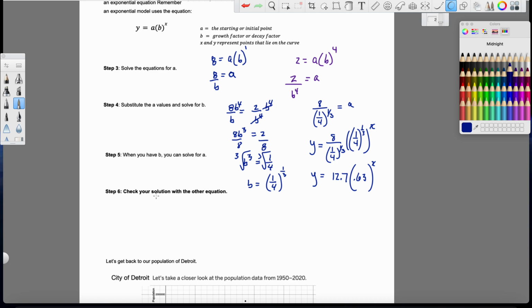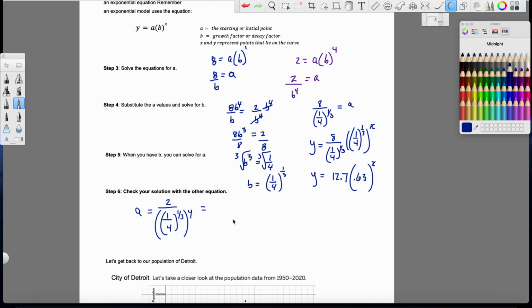Check your solution with the other equation. All right, let's put it into the other one here. A is 2 over b to the 4th. So I got 1/4 to the 1/3 raised to the 4th.